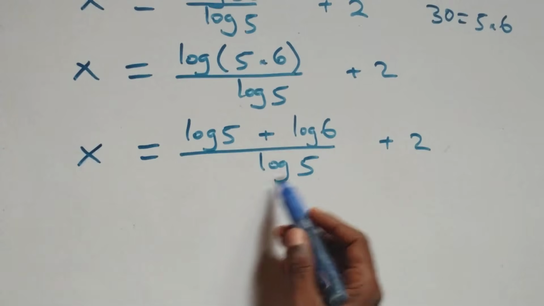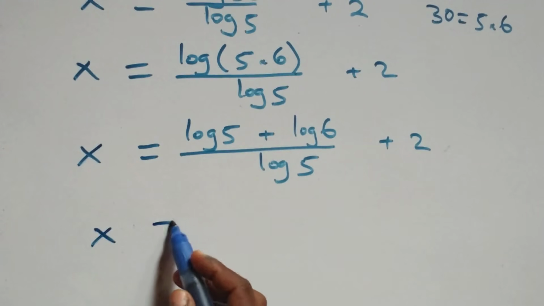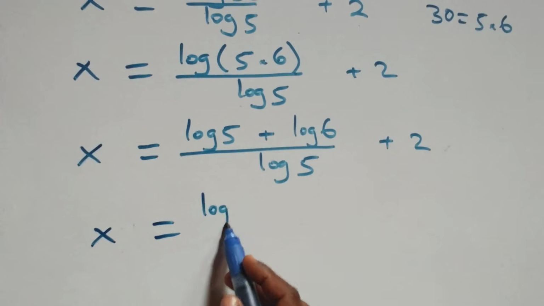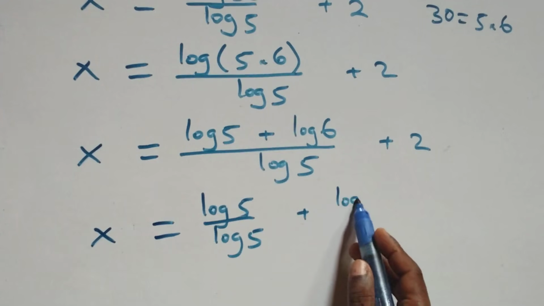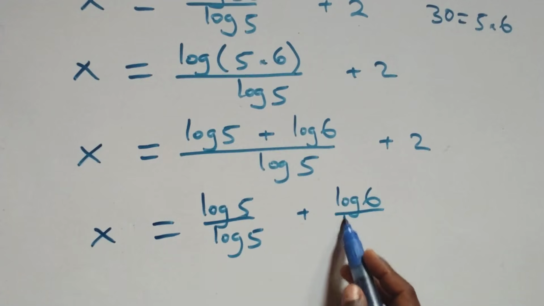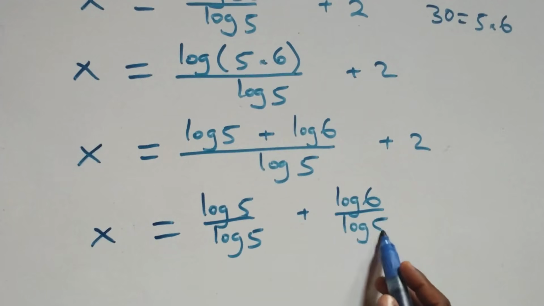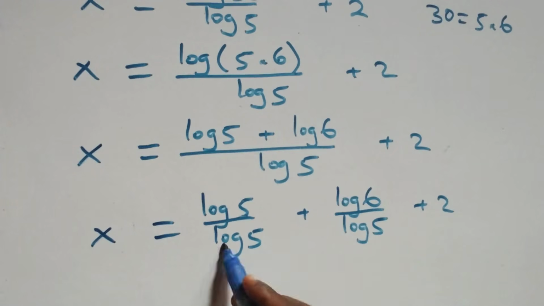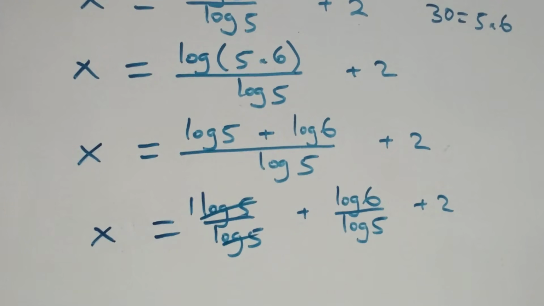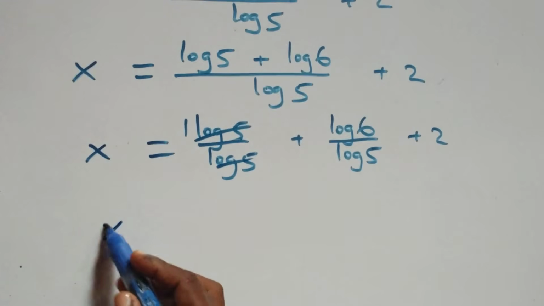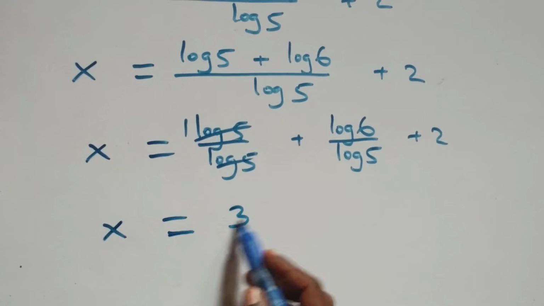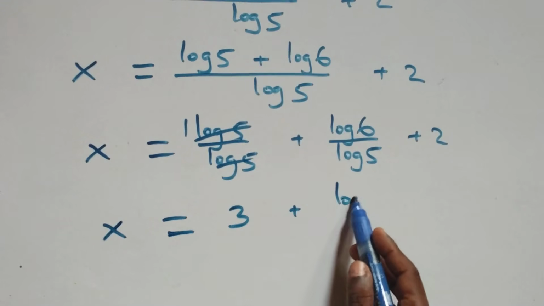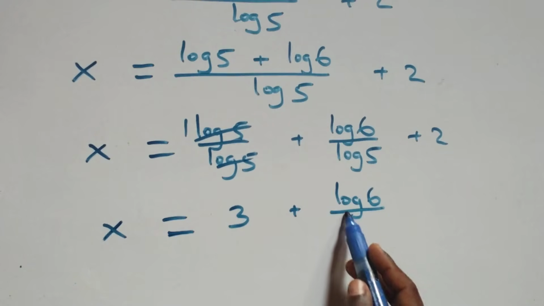Then we separate this into two fractions. We have x equals log 5 over log 5 plus log 6 over log 5 plus 2. Here, log 5 cancel each other. We have 1 left. This becomes x equals 1 plus 2, which is 3, then plus log 6 over log 5.